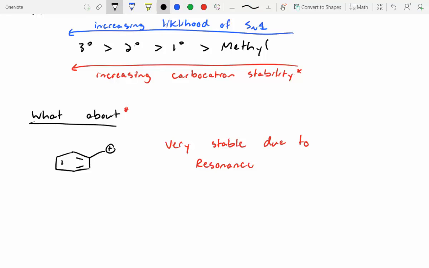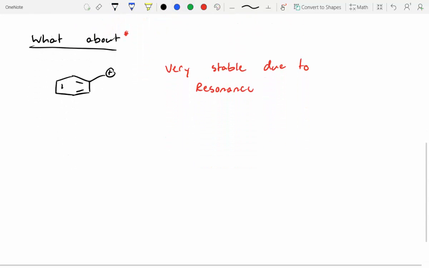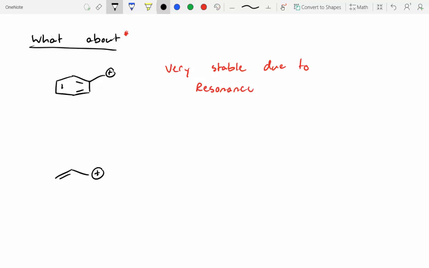All right, there's another common example that we have to consider. And the second example looks like this. Same thing is true. This one has resonance. Even though it's a primary carbon, you can take this pi bond, move it over, and delocalize it across both carbons.